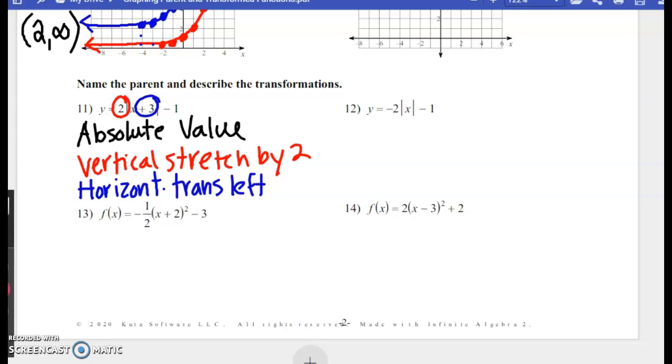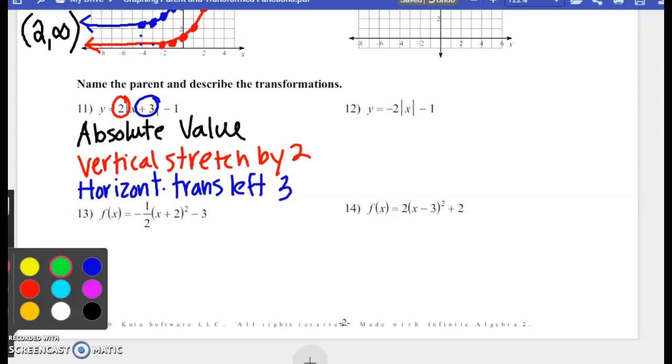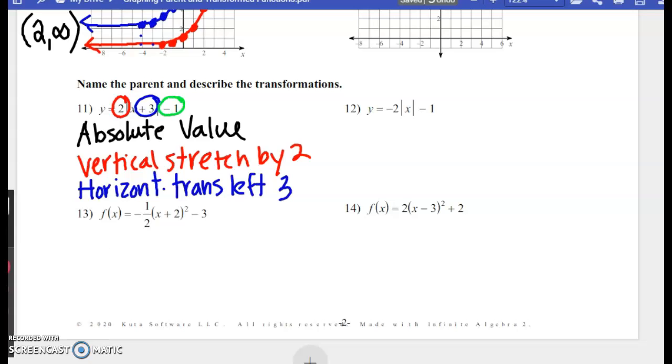Left 3. And my minus 1 on the end, that's a vertical translation down. So I'm running out of space. Down 1.